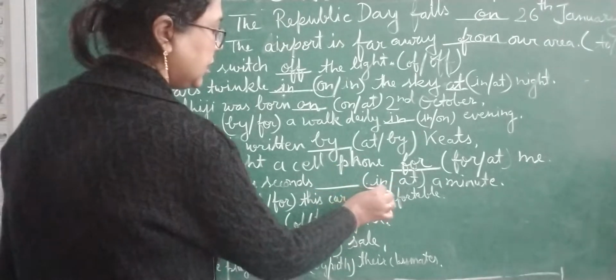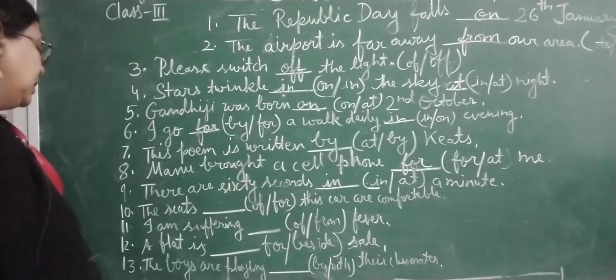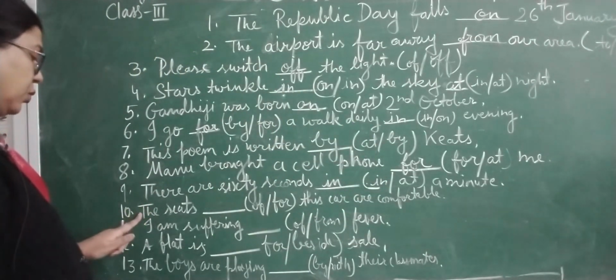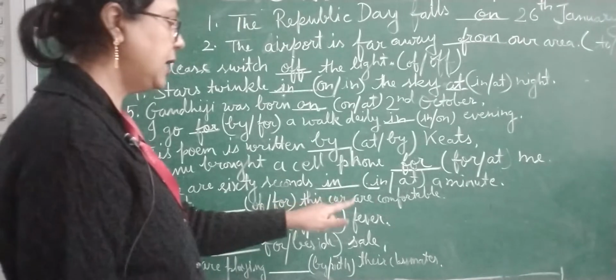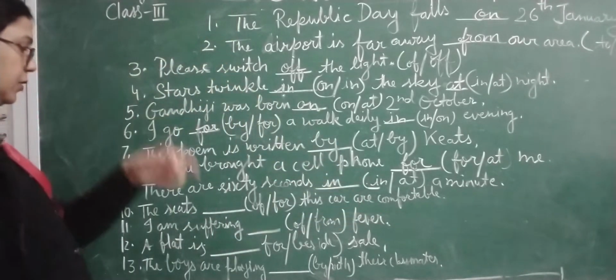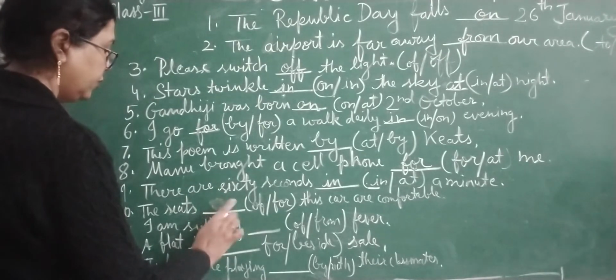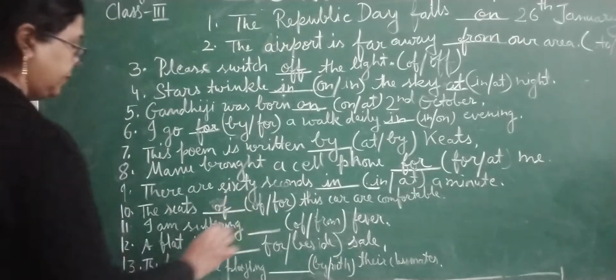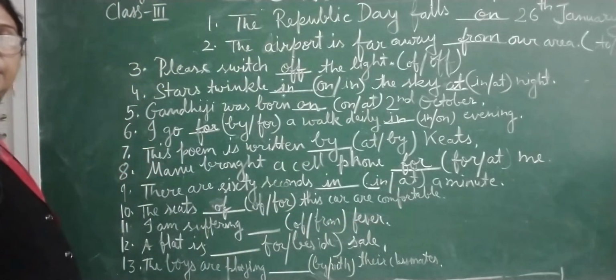So we will choose in a minute. Now the 10th one, the seats dash off for this car are comfortable. We will write off. We will opt over here off. The seats of this car are comfortable.